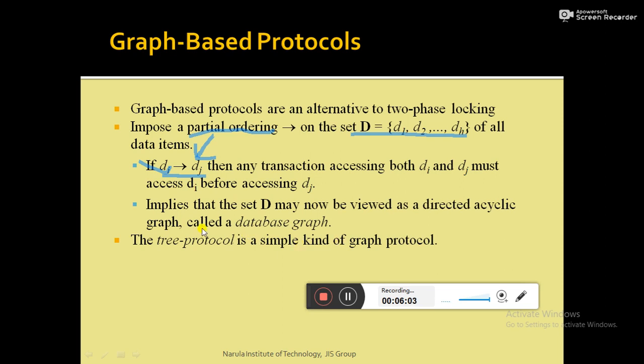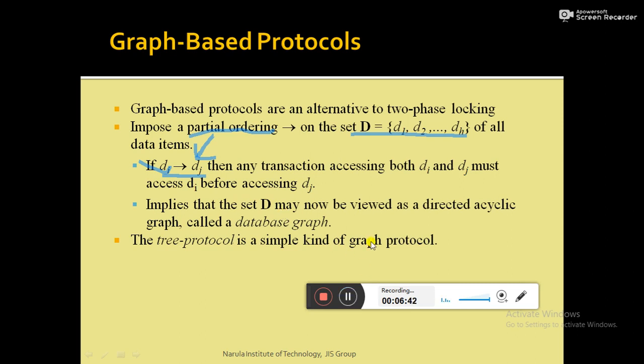With the help of that database graph, we are going to represent the set of data items that is going to be accessed by a transaction, as well as the ordering of the data items by which a transaction is going to access them. So we have to first build a database graph. Once the database graph has been built, then we have to devise a tree protocol, and the tree protocol will access the database graph, and then it ensures conflict serializability.